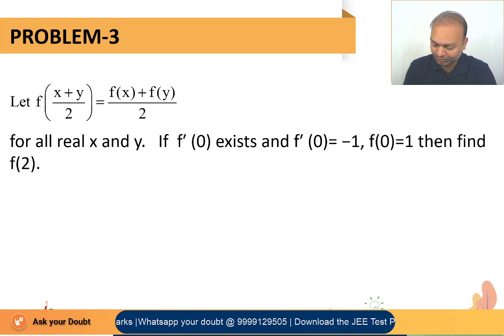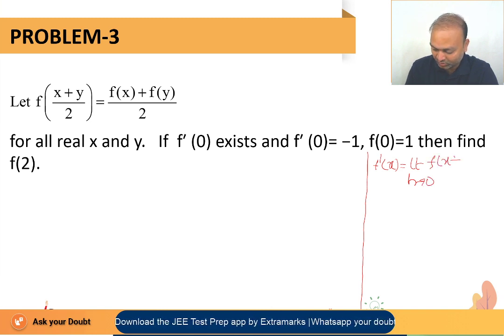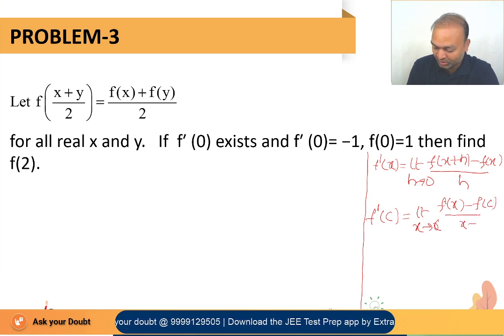See here, once again I am writing the first principle formula. f dash of x is equal to limit h tends to 0, f of x plus h minus f of x, whole divided by h, and the next formula is f dash of c is equal to limit x tends to c, f of x minus f of c by x minus c.